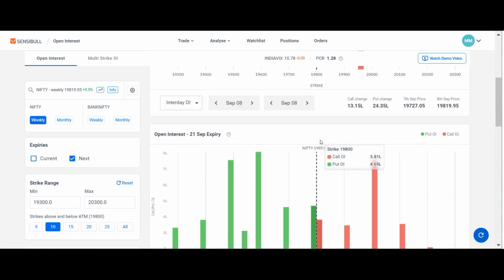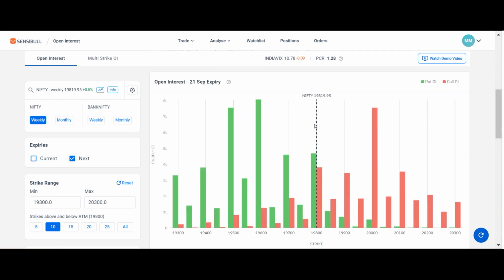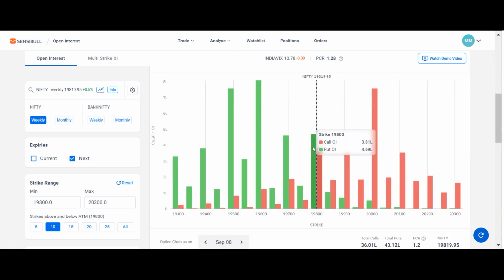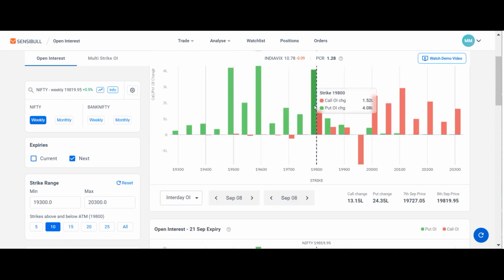Now that has changed, okay, because the OI change here is around 4 lakhs, right? Total OI is 4,69,000, out of which almost 4 lakh was added today only. So basically they expect that the market is not going to fall below the 800 strike, right?